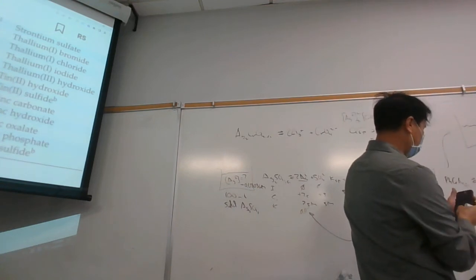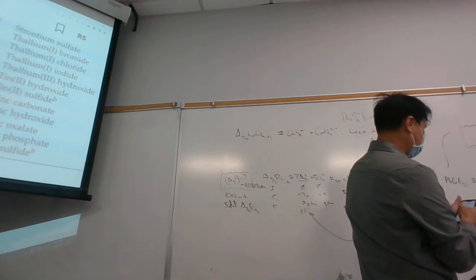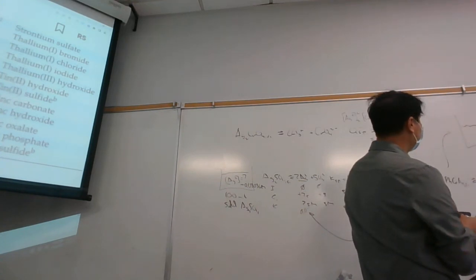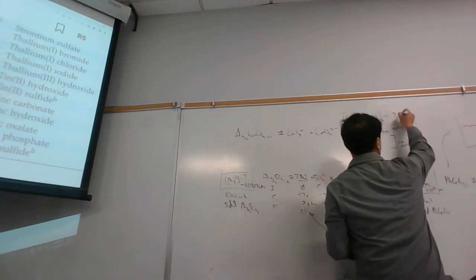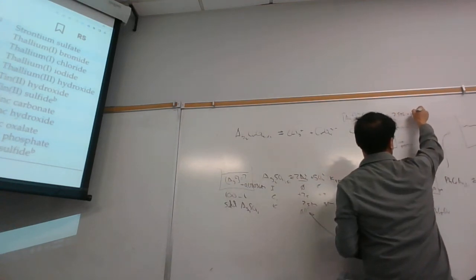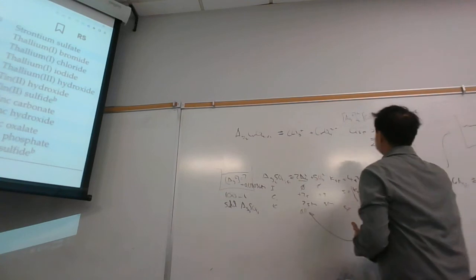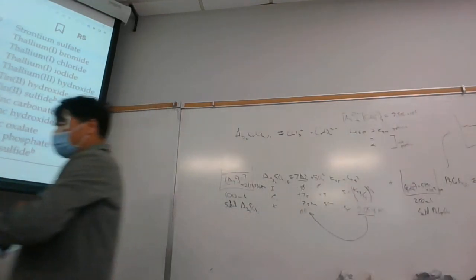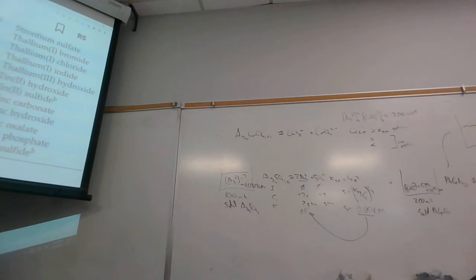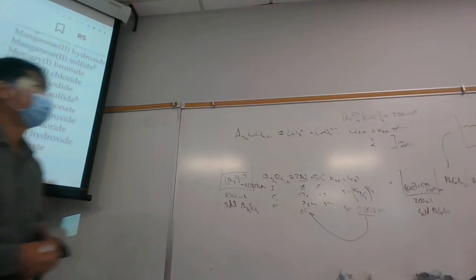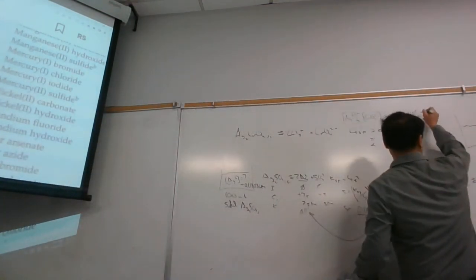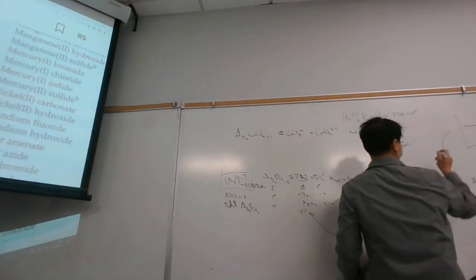The silver. .52677 times 10 to the negative 5. Okay, then we'll compare it to the KSP of silver. Did you multiply the chromate? Oh, no, I didn't. Okay, multiply the chromate, which would be 5.291.